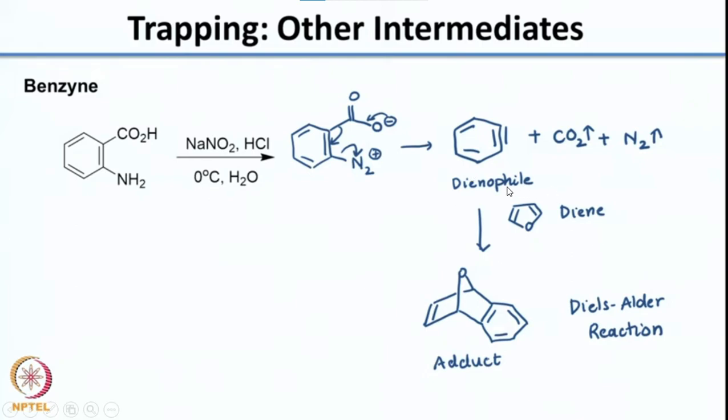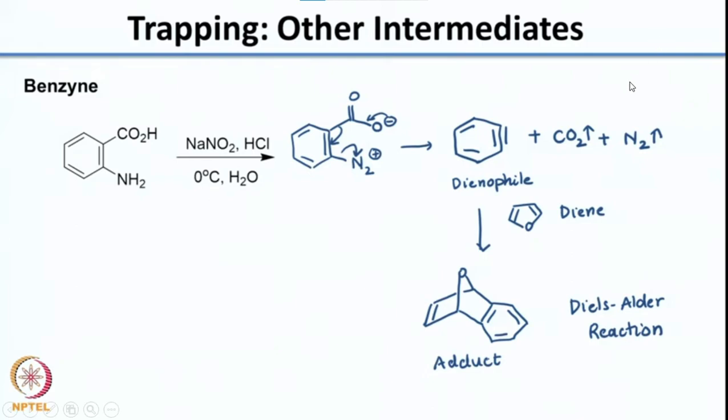For this type of intermediate we have taken one reaction where diazotization is taking place, and by elimination of these groups we get a dienophile, which is the benzyne intermediate. Why do we call it a dienophile? Because it's like normal benzene but one extra pi bond is here, which behaves as a dienophile. A dienophile always has one pi bond that participates in a reaction.